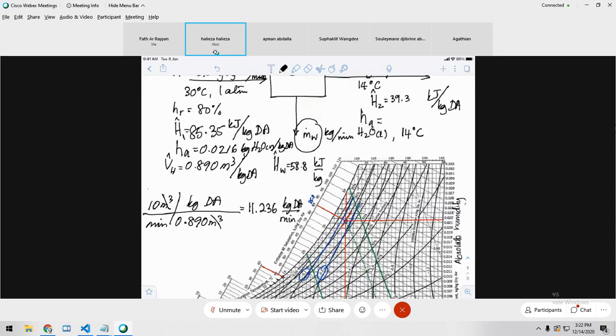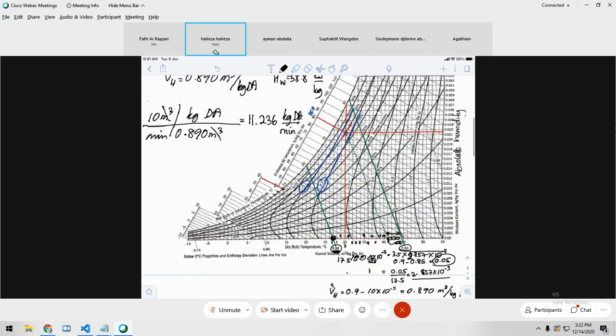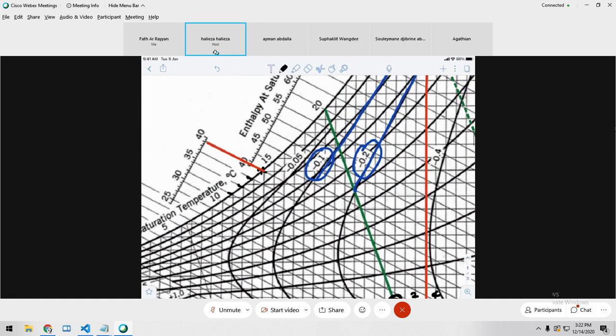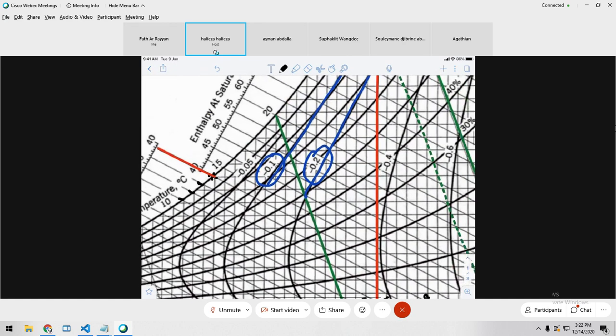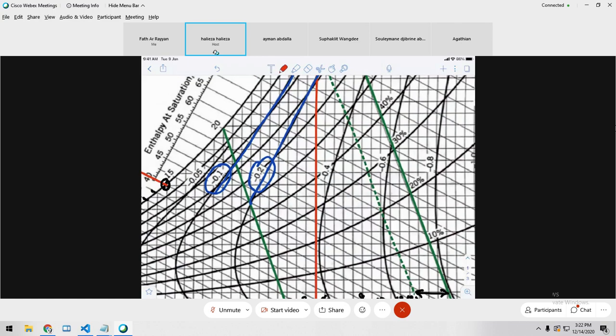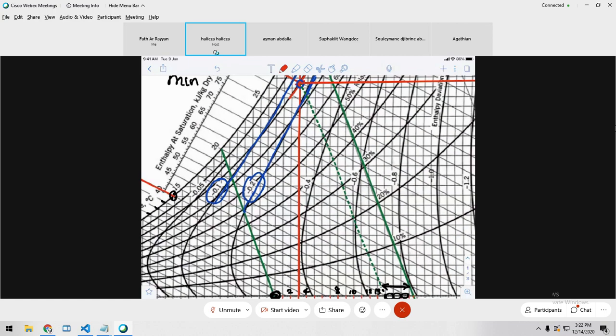Your outlet absolute humidity, do the same thing. Where was it just now? It was at 14 degrees C. That's our outlet condition. I'm going to then use a red ink point projecting horizontally to the y-axis. I need to zoom out.